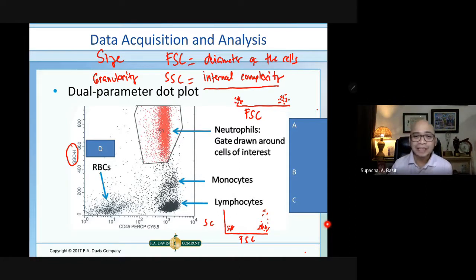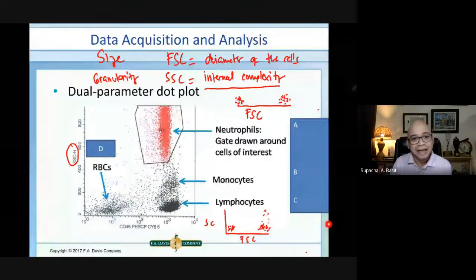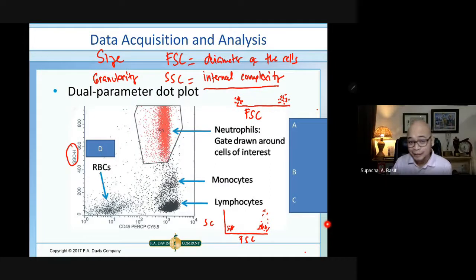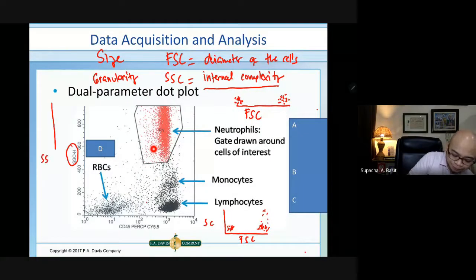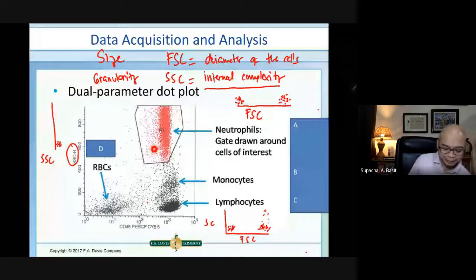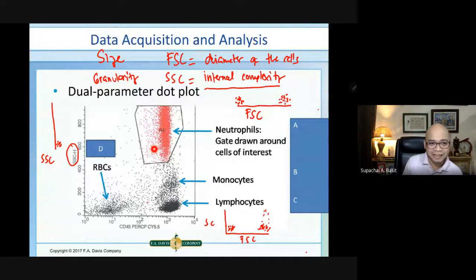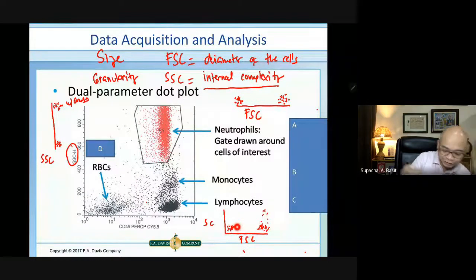And when we say internal complexity, it determines whether the cells have granules or not. So kung wari, ito yung SSC, kapag mababa yung portion, ibig sabihin, walang granularity. Pero kapag medyo nasa upper portion, ibig sabihin with granules.